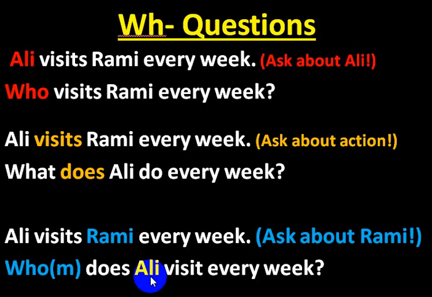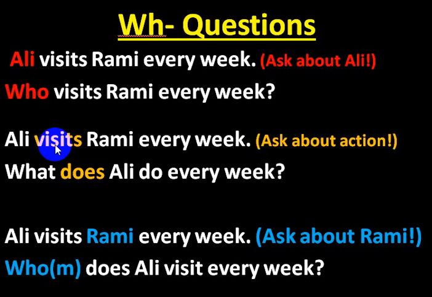So if I want to ask about any of the sentence's components, I have to use an auxiliary verb. Look at the verb. The verb is visit, simple present tense. If the verb is a main verb and it is in its simple form, you have to use the auxiliary verb do.